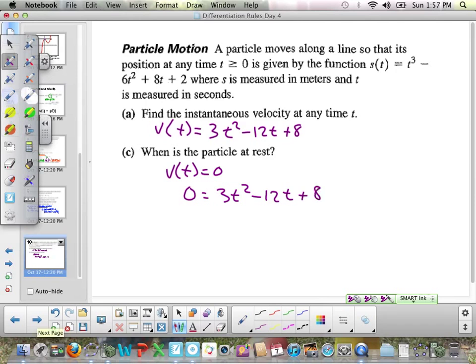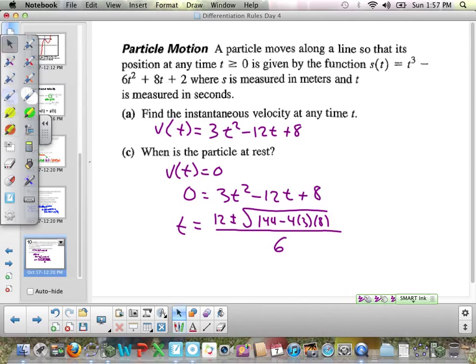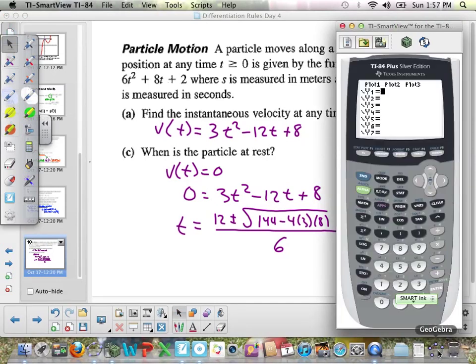There are a couple ways to do this. I think the most effective way is to go ahead and use your quadratic formula. So we got 12 plus or minus the square root of 12 squared minus 4 times 3 times 8, all over 6. Let's punch that out here. Do the discriminant first. Discriminant is 48.